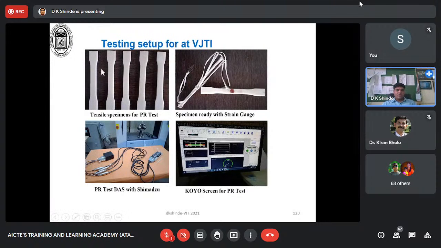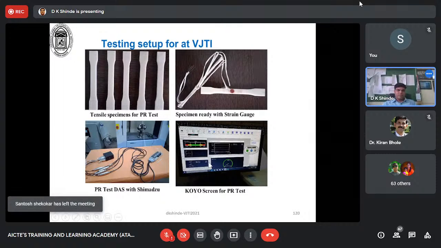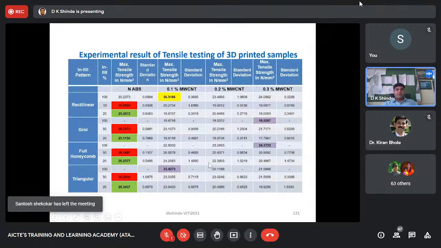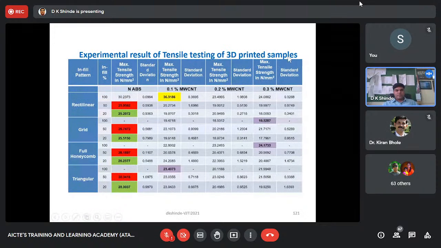So this is natural ABS with 100% fill with the rectilinear pattern, prepared like this. Then, using the strain gauges, we connected the data acquisition system through the channels, and we pulled the specimens on the Shimadzu UTM machine, and we captured those properties for the tensile testing of the 3D printed material.